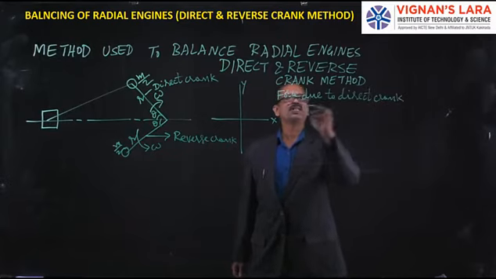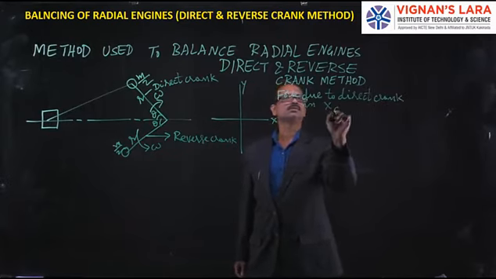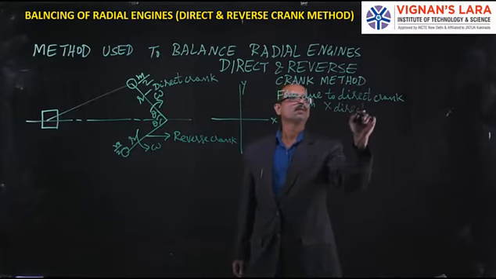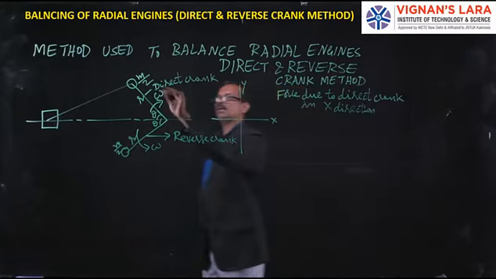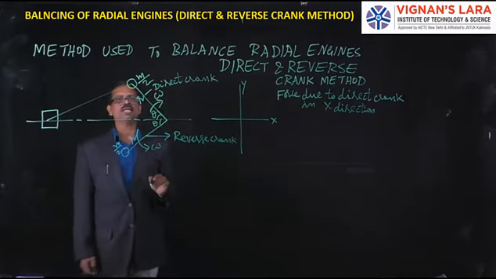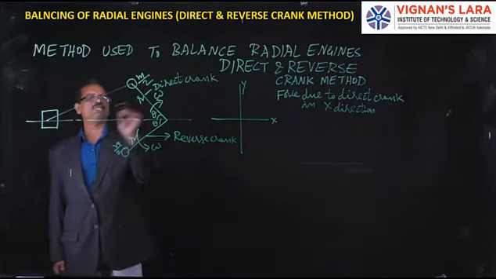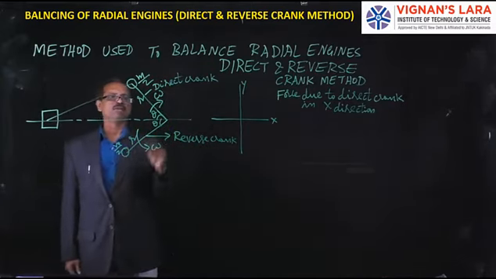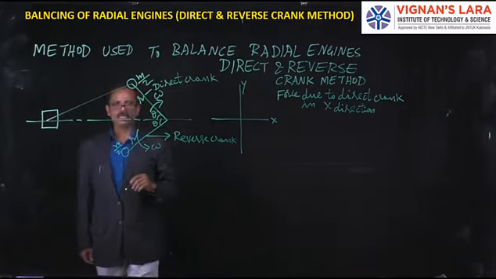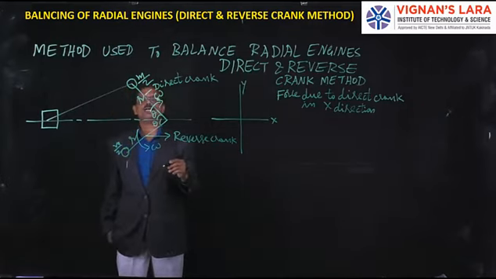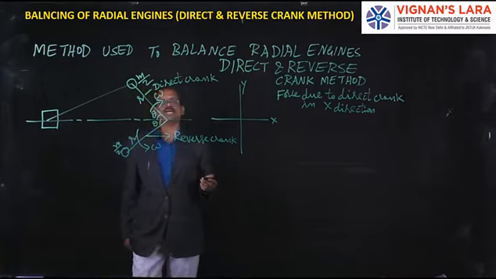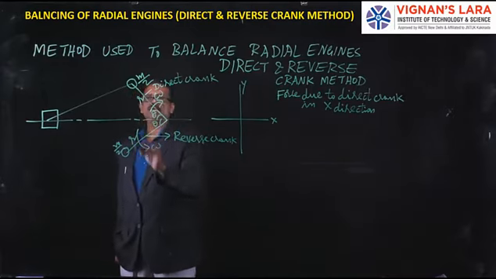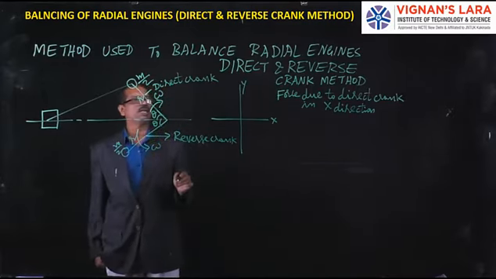A mass m by 2 at radius r revolving with angular velocity omega at an instant theta gives a force of m by 2 r omega square, which can be resolved into horizontal and vertical components.